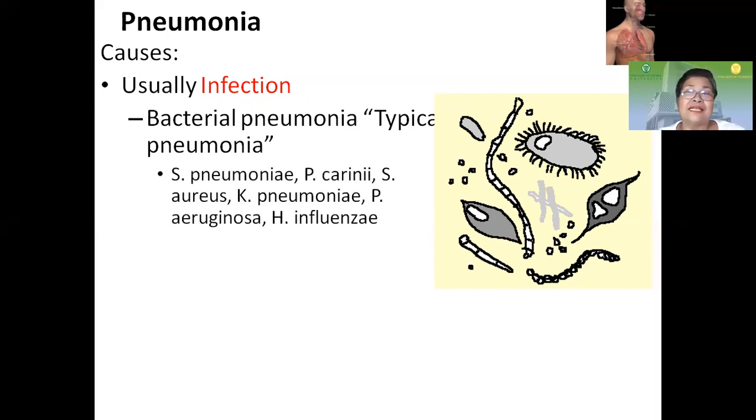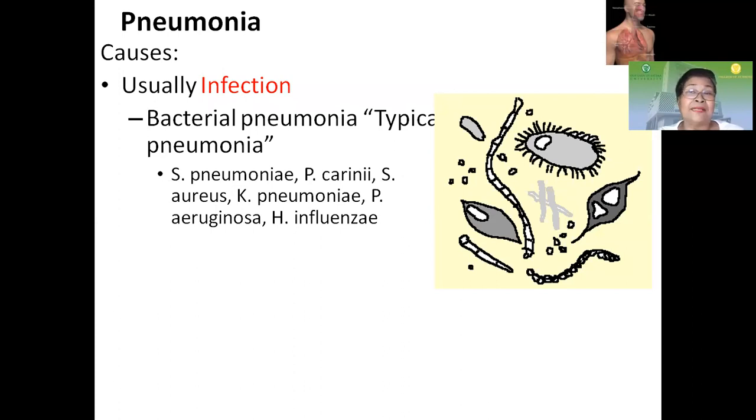And these are the typical microorganisms causing bacterial pneumonia, like Streptococcus pneumoniae, Pneumocystis carinii, Staphylococcus aureus, Klebsiella pneumoniae, Pseudomonas aeruginosa, Haemophilus influenzae.